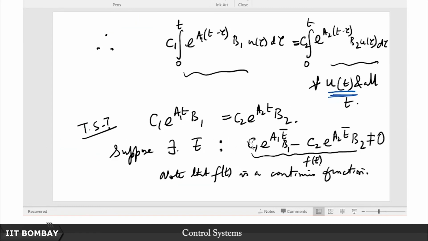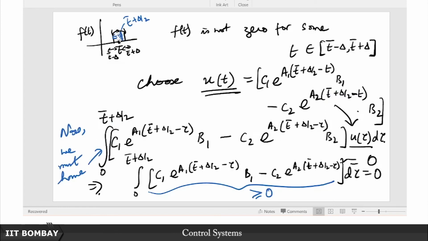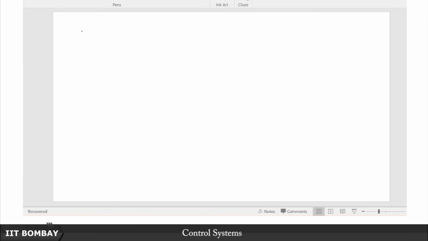We have assumed that they are not equal at some point. So if they are not equal at some point, then they have a non-zero value over this interval. So the square of that non-zero value is getting integrated, so that is basically some non-trivial area. So this is a contradiction. Therefore we conclude that what we started off with assuming must be wrong.